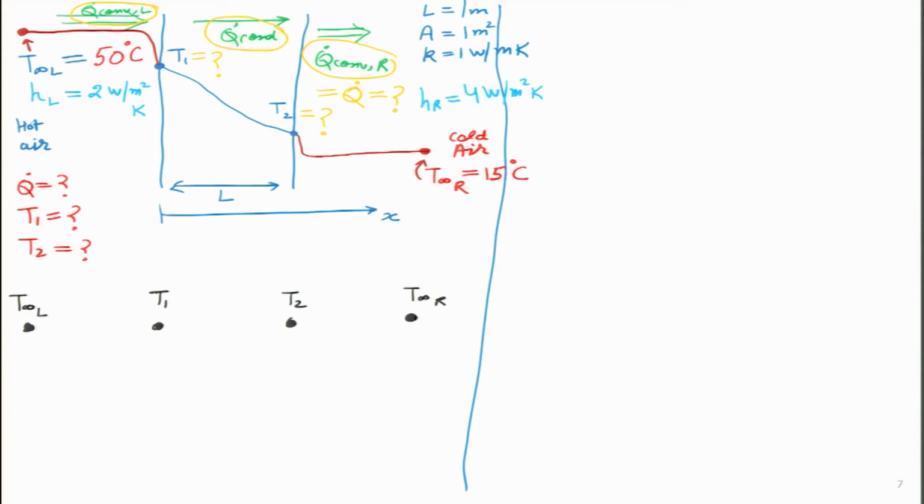Now, if you remember from previous slides, voltage points we have connected with the help of resistances. So, these temperatures we will connect with the help of resistances, and instead of electrical resistance, they now become thermal resistance. In this problem we have 3 resistances: resistance 1, resistance 2 and resistance 3.